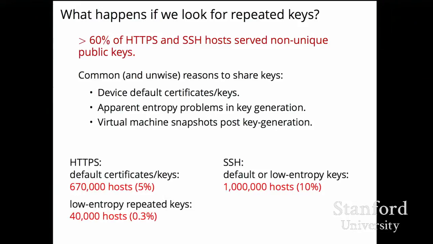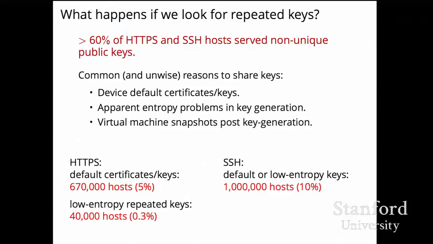So these are some massive lower bounds just from basically hand counting places where these reasons were clearly identifiable. So default certificates for HTTPS, at least 5% of hosts are sharing keys because of default certificates or keys.